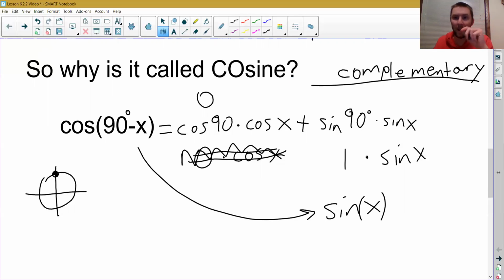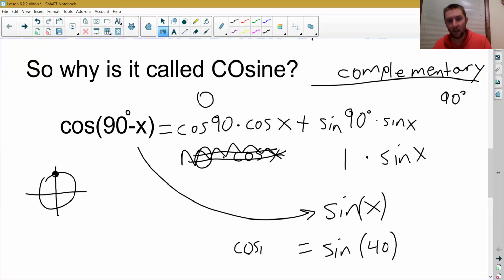Complementary angles back in geometry class added up to be 90 degrees. So if I know the sine of 40 degrees, the sine of 40 degrees is equal to the cosine of 50 degrees, because that's what I just found out.